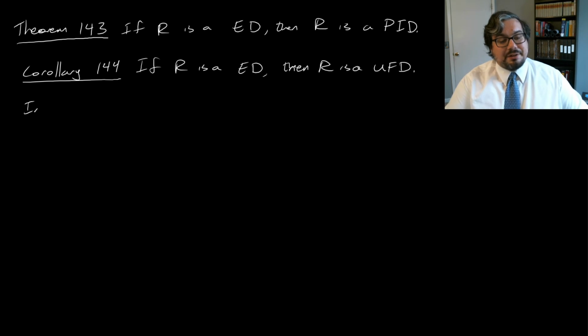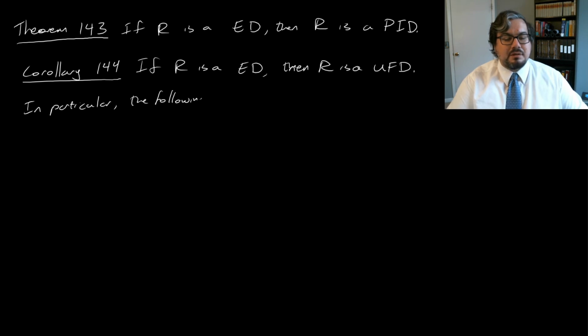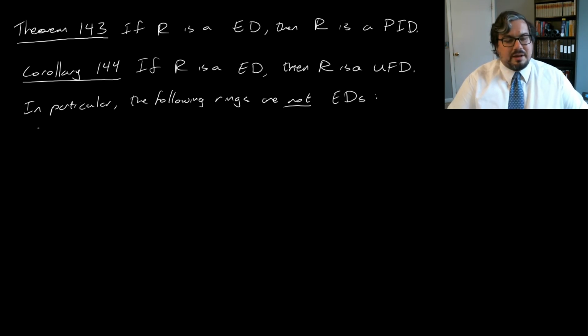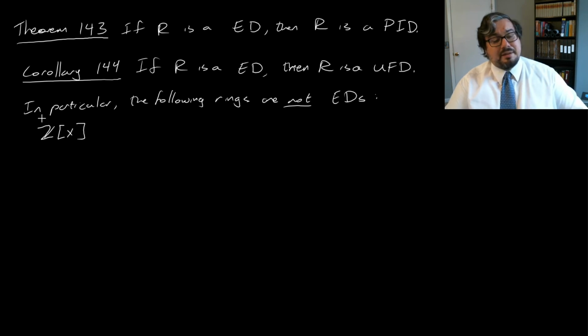So in particular, we have that the following rings are not Euclidean domains. The polynomial rings over the integers are not a Euclidean domain because they're not a principal ideal domain. They are a UFD, but they're not a principal ideal domain.